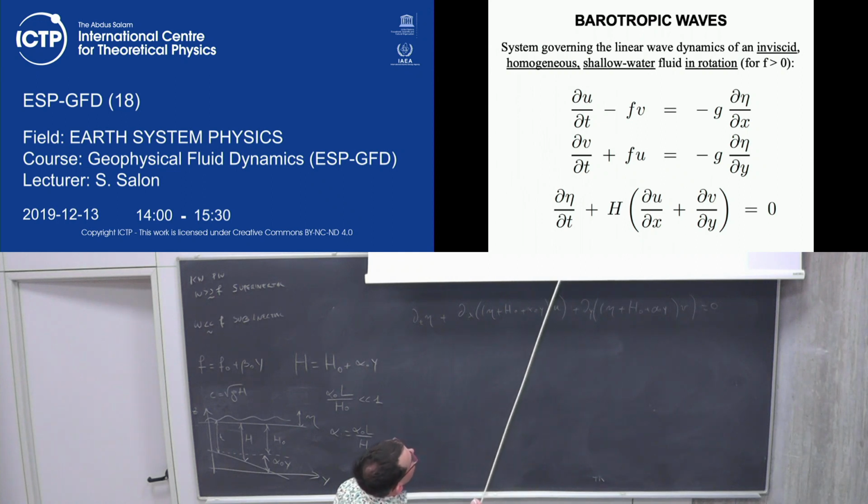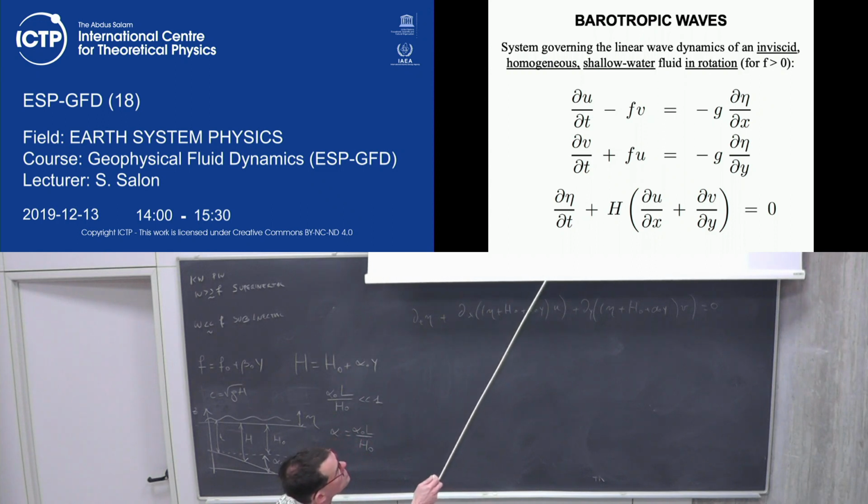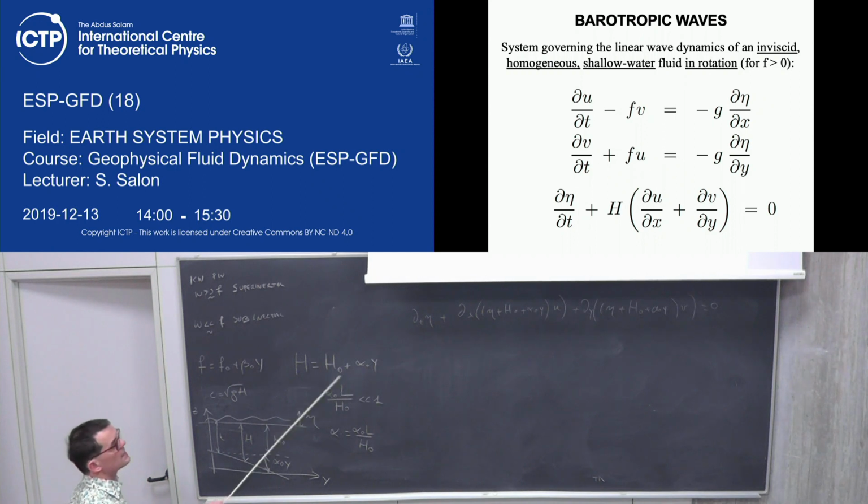That one works for all the cases except the topographic waves. Because if we consider it for the topographic wave, we cannot, because H here is not simply H0 plus alpha 0 y.